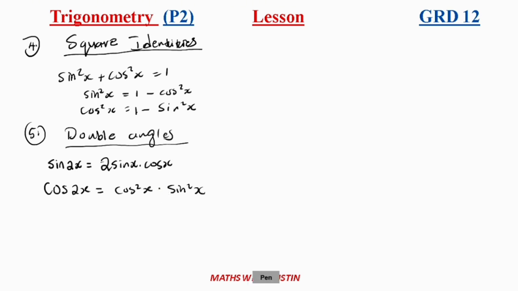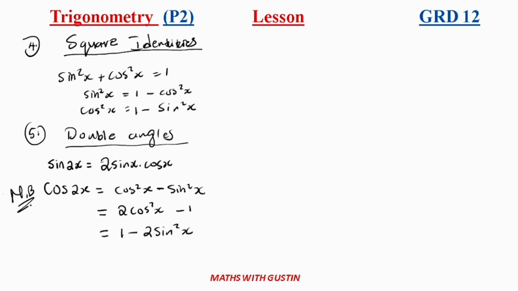You can change it to that, but however, this cos 2x can change into 3 things. The other one will be 2 cos squared x minus 1, and the other one will be 1 minus 2 sine squared x.